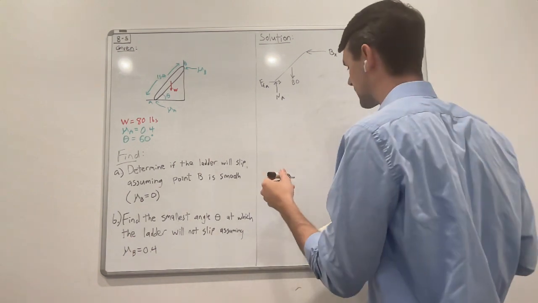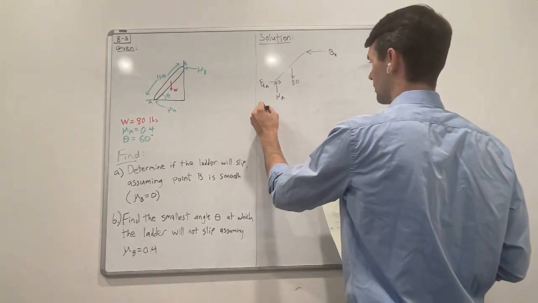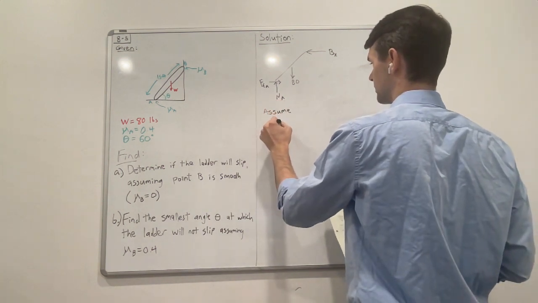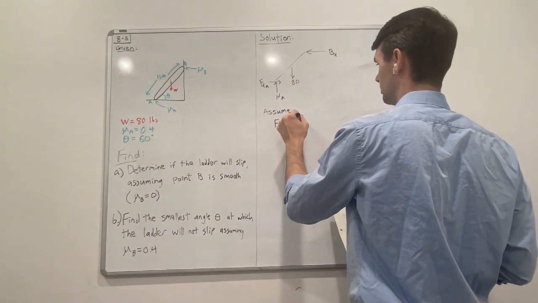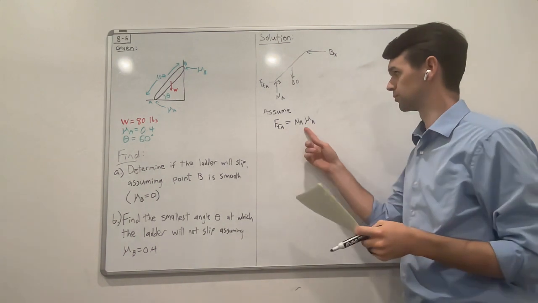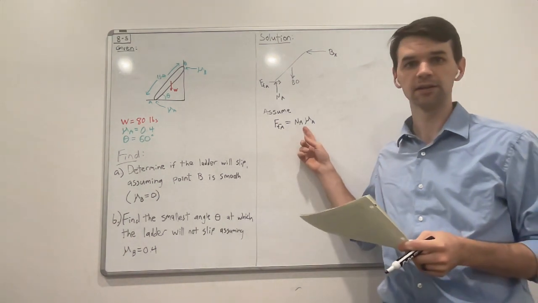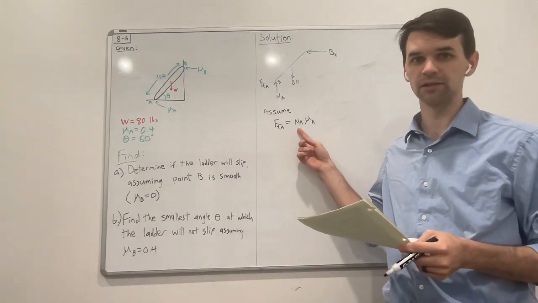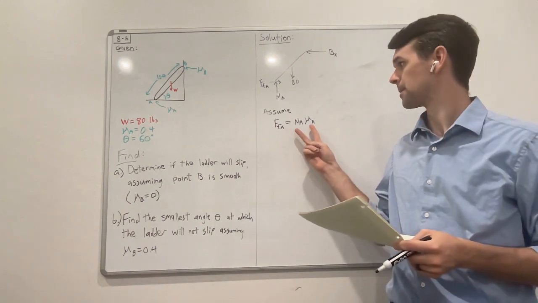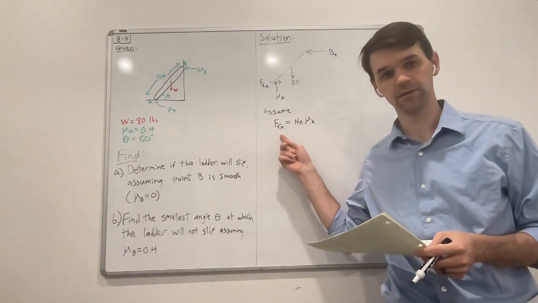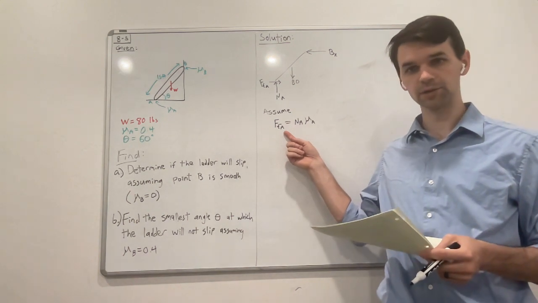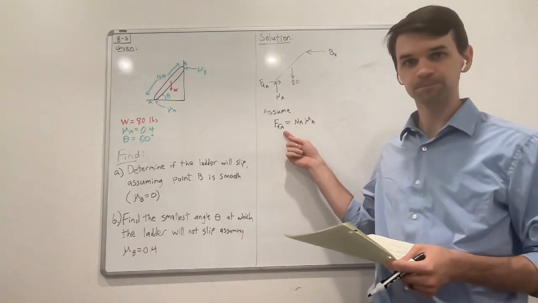And when we're dealing with impending motion, we're going to assume that the friction force at A is equal to NA times mu sub A. This is the maximum that the friction force can be: the normal force times the coefficient of friction. The friction force can be less than this, but it cannot be greater than this. If it has to be greater than that to maintain equilibrium, then we'll have slip.